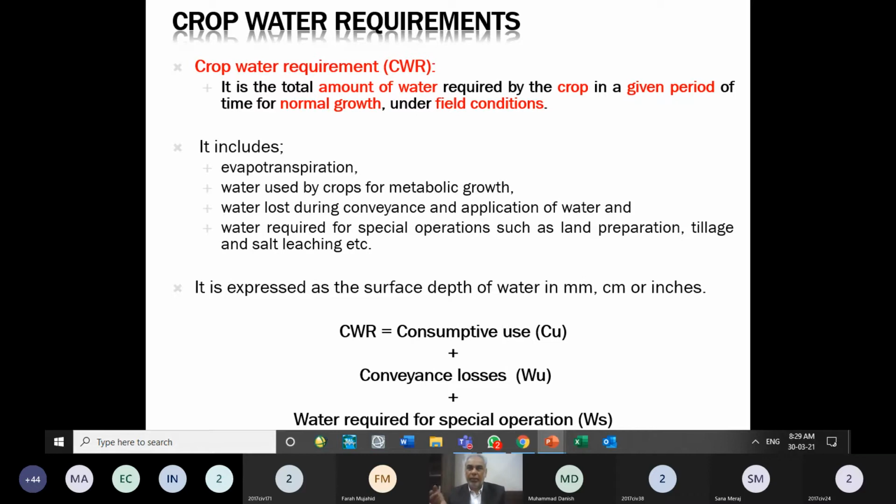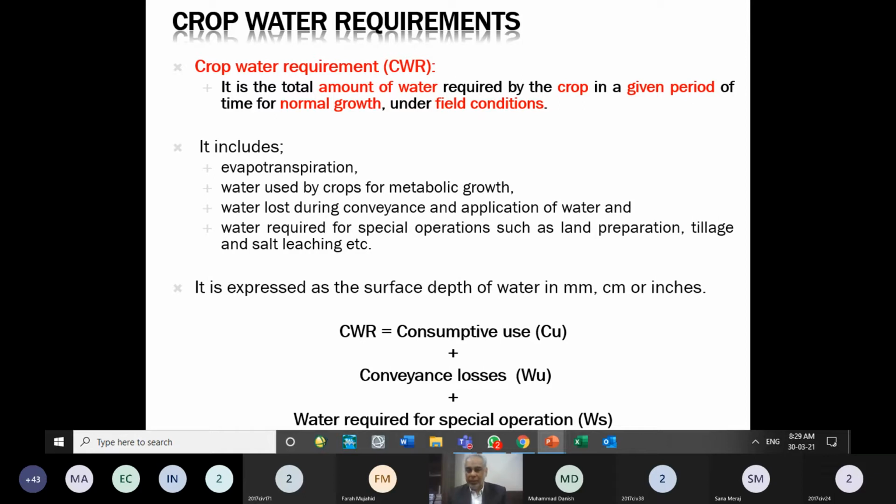It also depends upon the type of lining carried out in a canal, whether it is a concrete lining or an alluvial channel, which we call a silted, unlined channel. That controls the seepage losses through the canal. And out of the total conveyance losses, two are the major losses. One is seepage loss and one is evaporation.